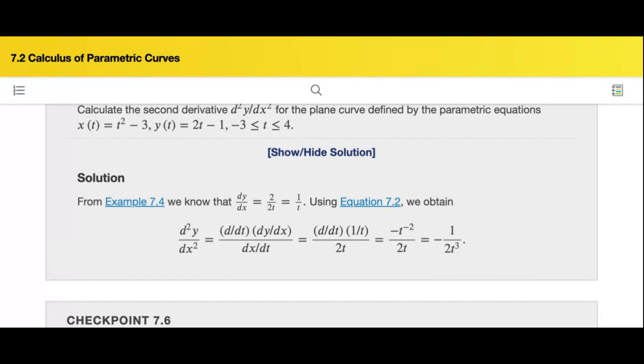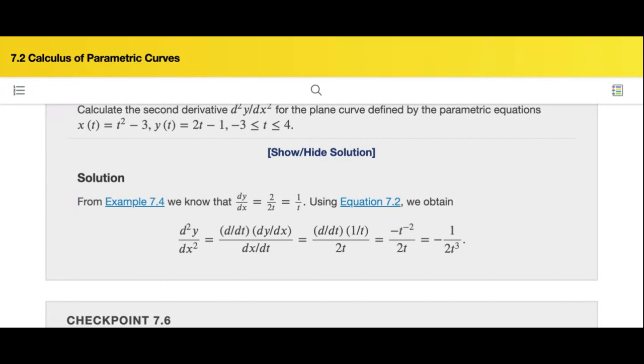So we think of d over dt over dx/dt. Now it makes sense, because the rate of change is all in terms of t. So we take the derivative d/dt of 1 over t, divided by 2t, and we get negative 1 over 2t cubed.